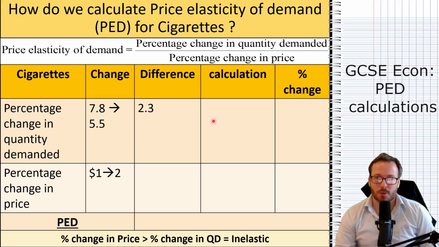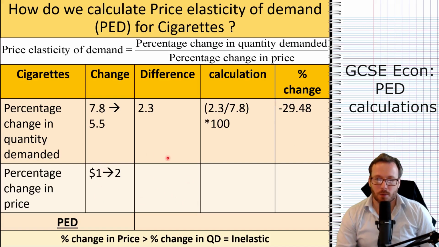That difference is 2.3. Now to calculate this percentage difference of moving from 7.8 to 5.5, we need to work out how much this is in minus. All we do is we take this difference, 2.3, put it over the original figure, okay, and times by 100. So we can see that we have lost 29% of our customer base.